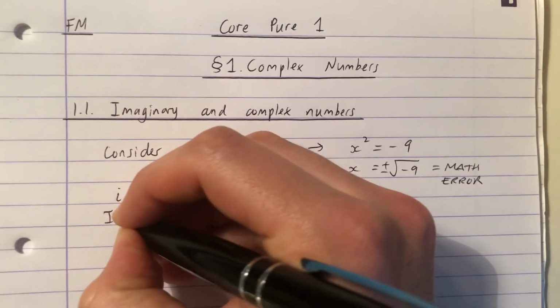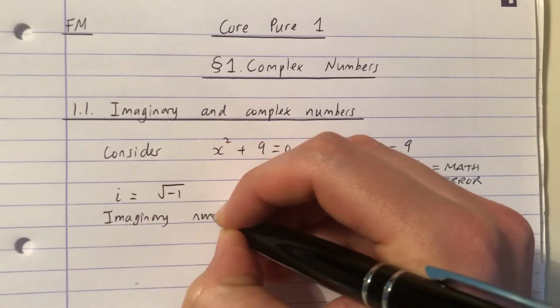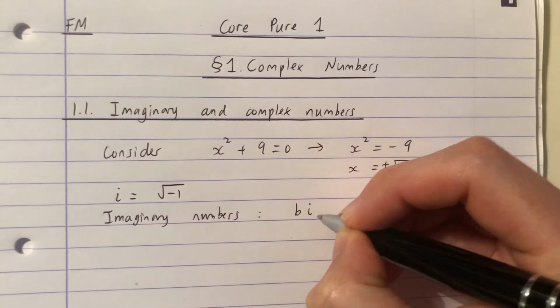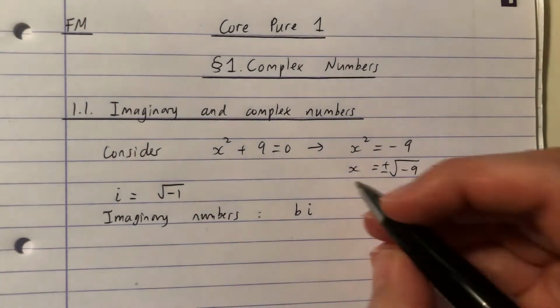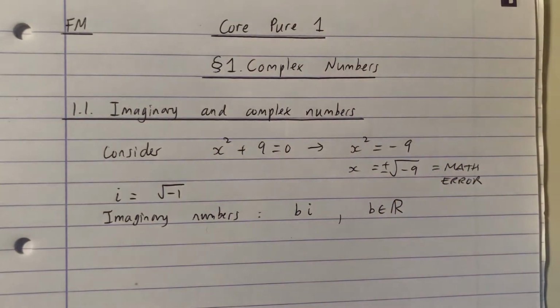So imaginary numbers would be multiples of i, where that multiple is a real number. So that could be 3i, 4i, minus 5i, 3.8i, root 6i, etc. Any real number times i represents an imaginary number.